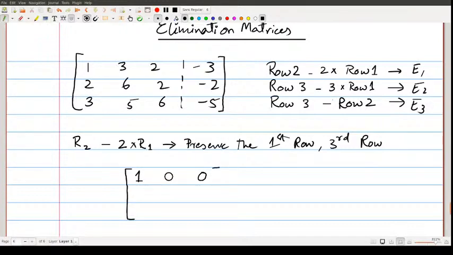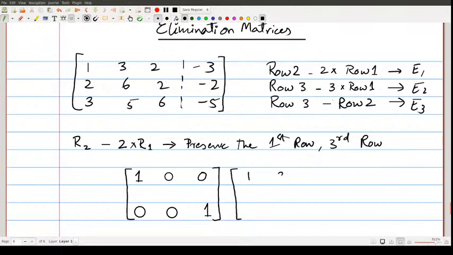This takes 1 of the first row, none of the second, and none of the third. You can view matrix multiplication as a linear combination of rows. To preserve the third row, you take none of the first row, none of the second row, and 1 times the third row.